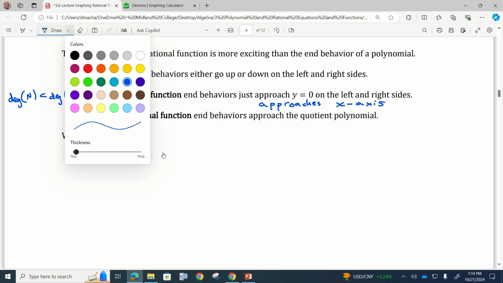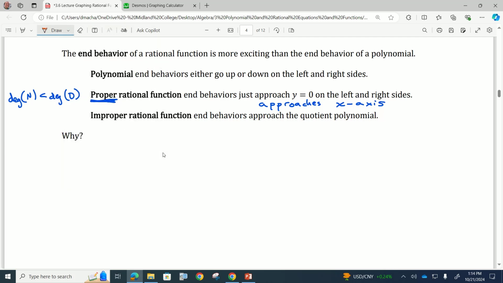If you instead have an improper rational function, for an improper rational function, we can do polynomial long division. And whenever we do polynomial long division, we're going to see that the end behaviors approach the quotient.